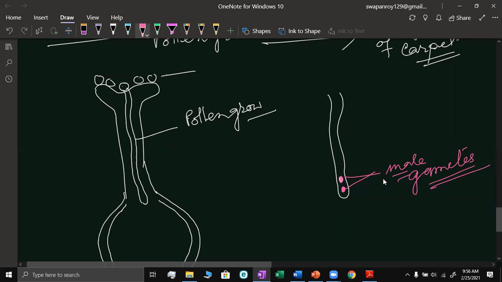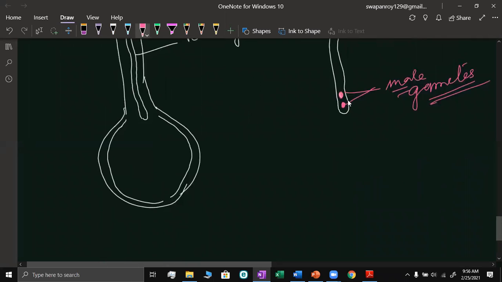This is carried by the pollen tube to the ovule.